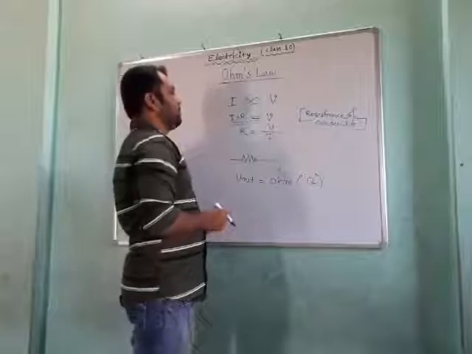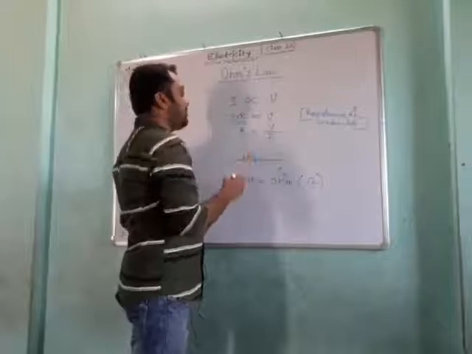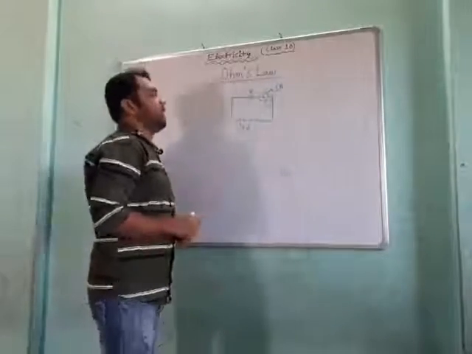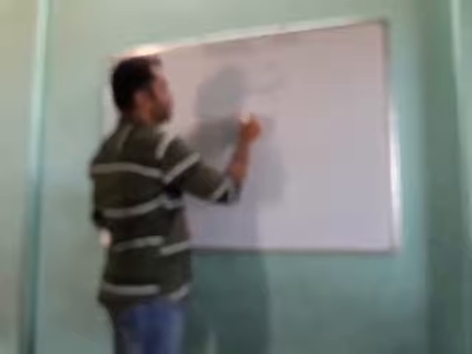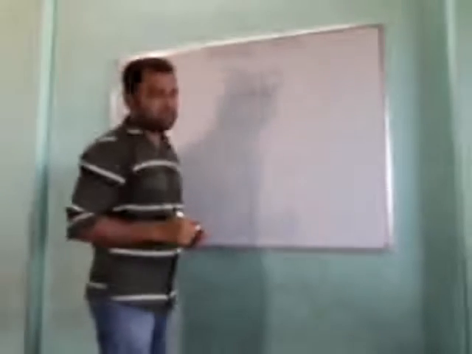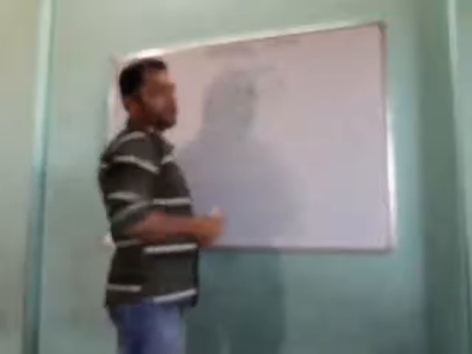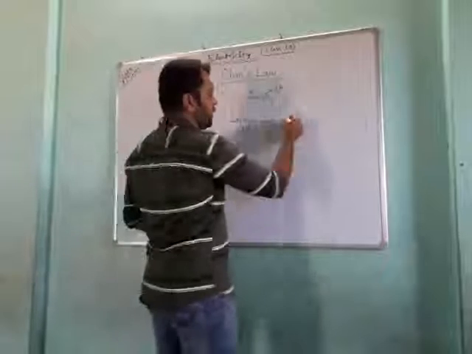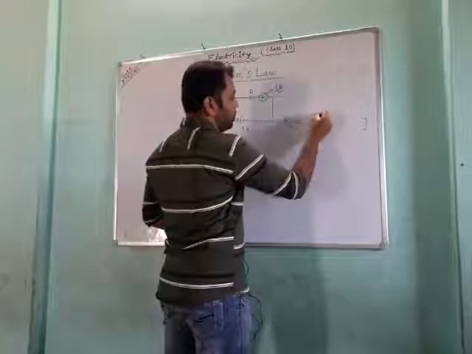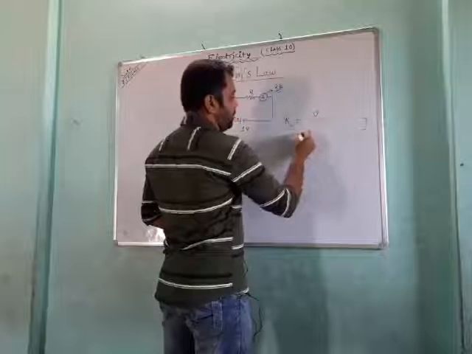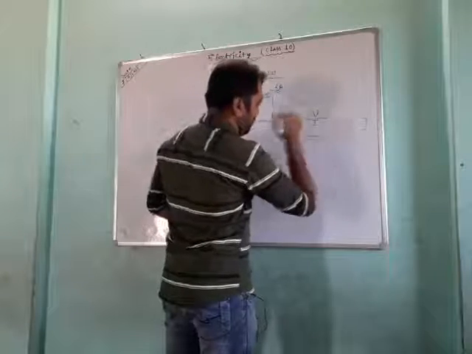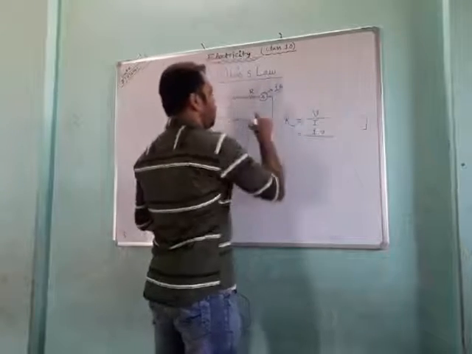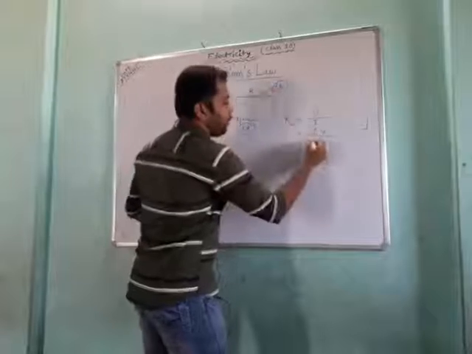So resistance we can define like that. If I apply 1 volt potential difference in this circuit and get 1 ampere current, then what will be the value of resistance? We know that R equals V by I. So I will put 1 volt, and in place of current I will put 1 ampere.